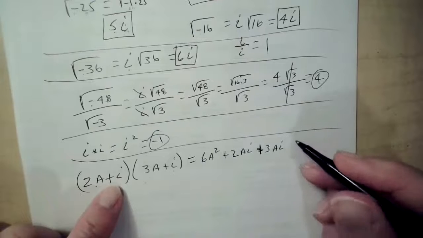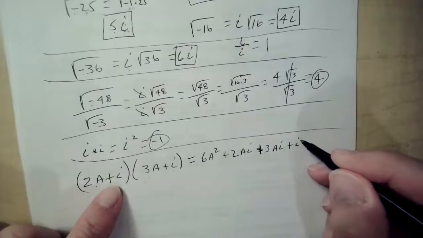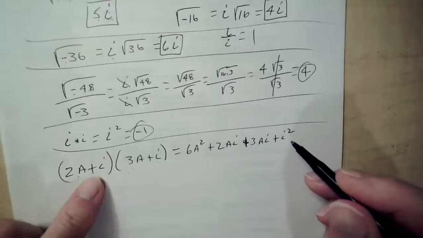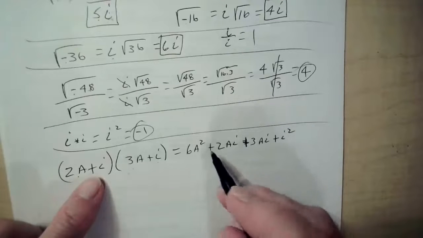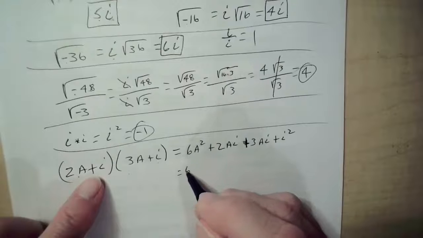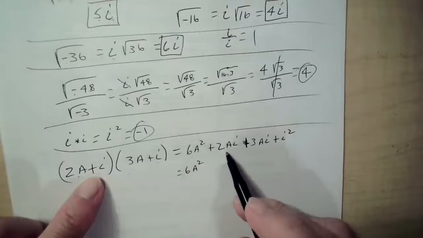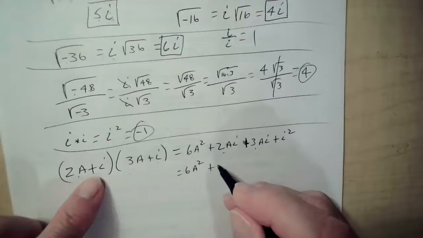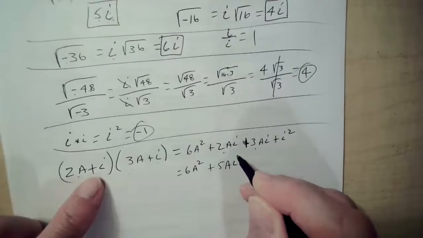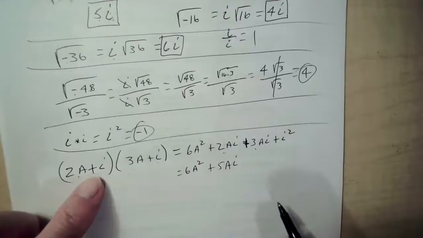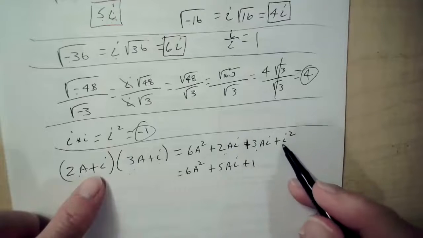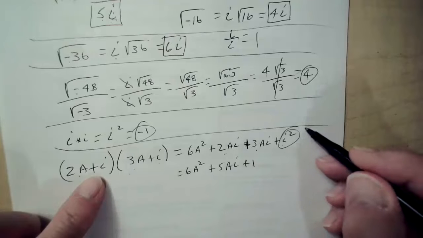What am I doing here? Stupid boy. Plus i squared. Now remember, i squared is -1. So we're going to combine like terms. 6a squared. 2ai and 3ai is 5ai.